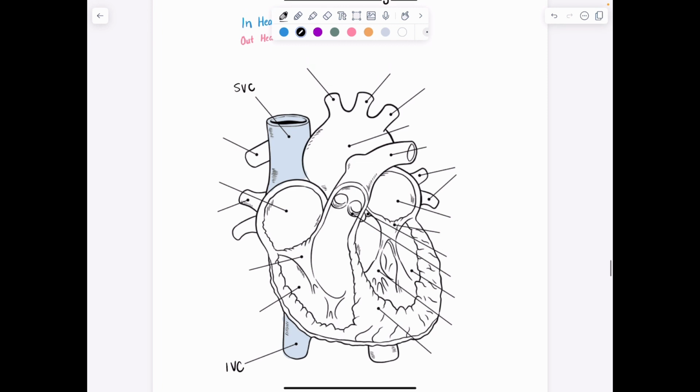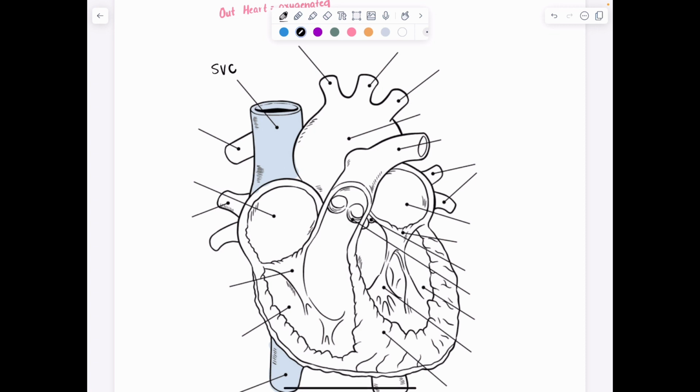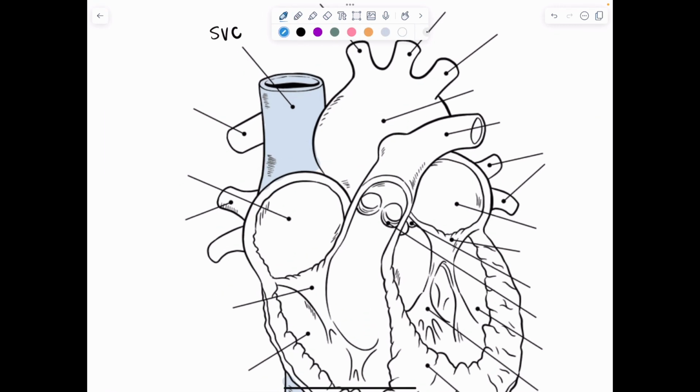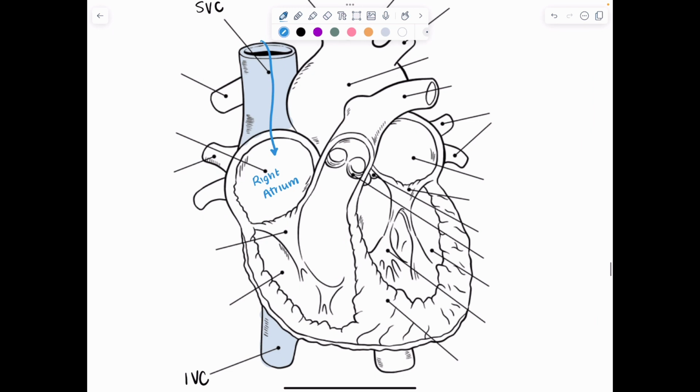That blood is going to pool into what we call our atrium. Now this is on the right side, so we call it our right atrium. So the blood's coming in, it goes to our right atrium. From our right atrium, it's going to go into our right ventricle. That's where the blood is going next.